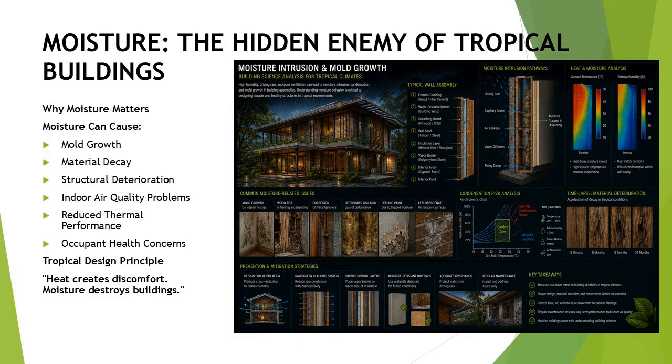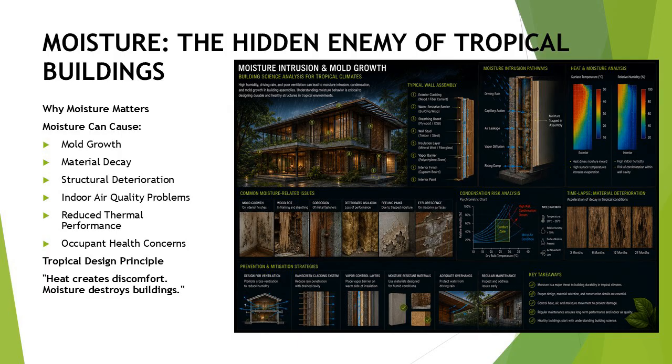One reason moisture is so problematic is that its effects are often invisible during the early stages. A building may appear perfectly functional, while hidden moisture accumulates within walls, ceilings, and floor systems.